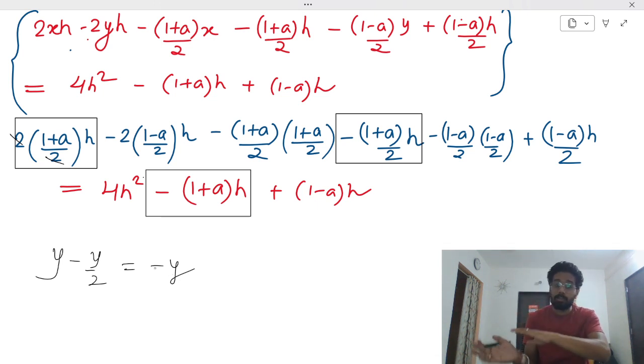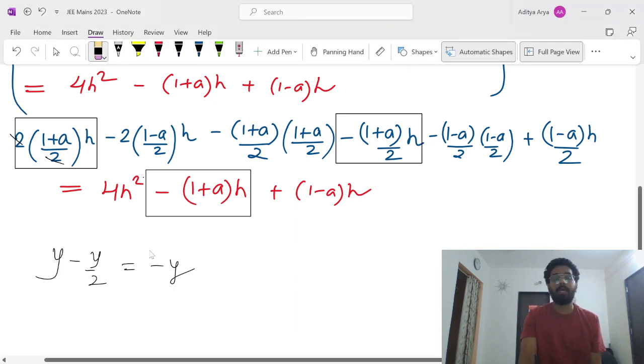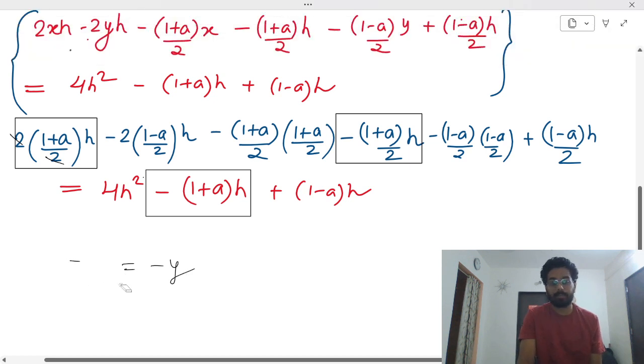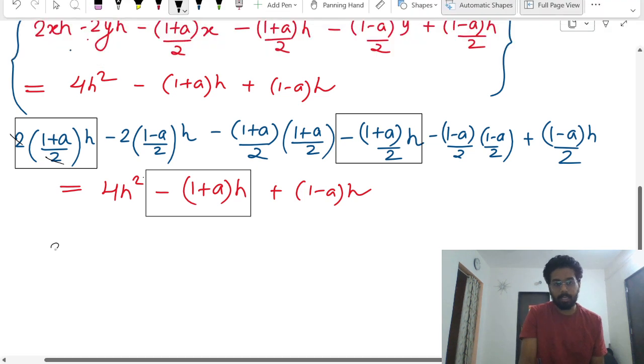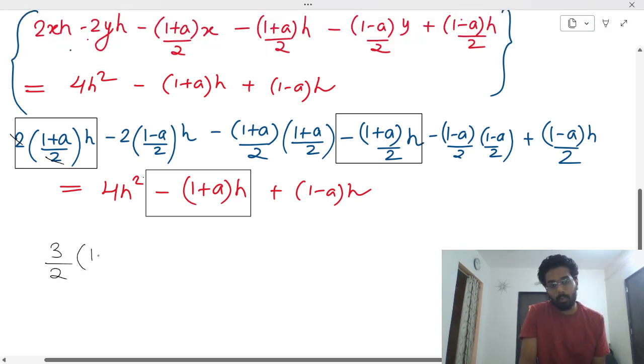If you bring all the terms on one side, I'm bringing all the terms on the right hand side, and we are going to have y by 2. So it's like 1 plus a h minus 1 plus a by 2 h is 1 plus a h by 2. Let's bring it on the left hand side. This will become 3 by 2, 1 plus a times h.